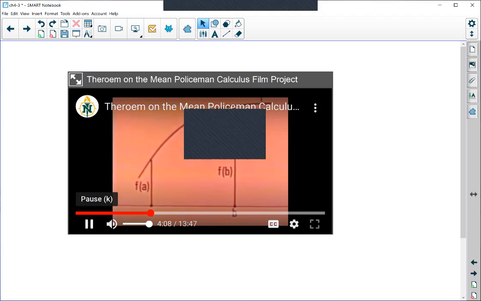Now, says he, I claim the quotient f of b minus f of a divided by b minus a is your actual speed at least once from time t equals a to time t equals b. We already know speed is the derivative of the distance function.